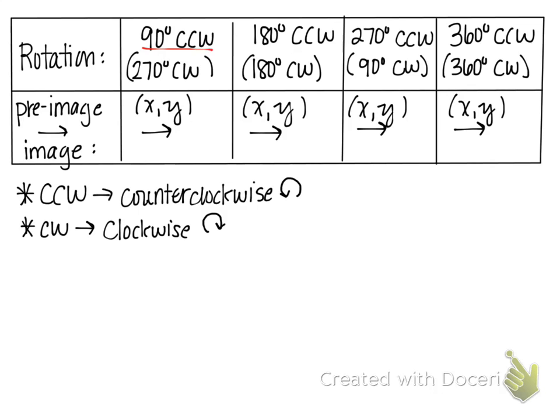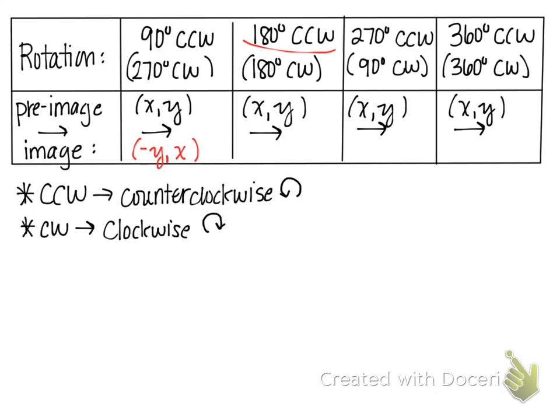So if you see this or this, we're going to use the same exact image, pre-image. So for this one, X, Y, what we do is we flip our Y and our X's and we change the sign of our old Y.